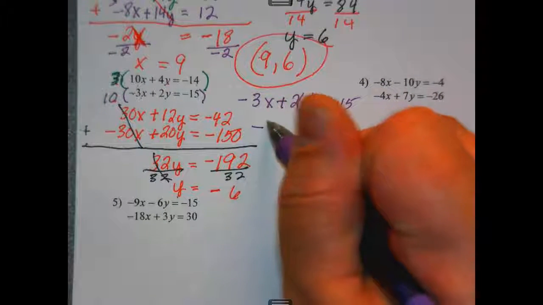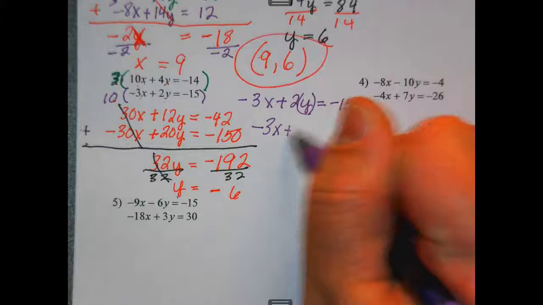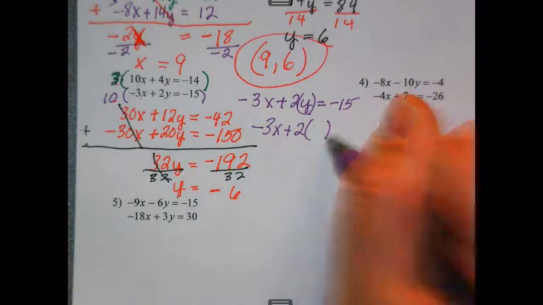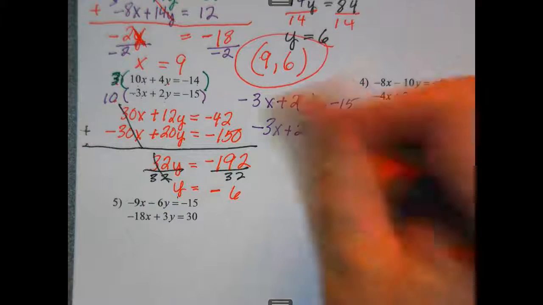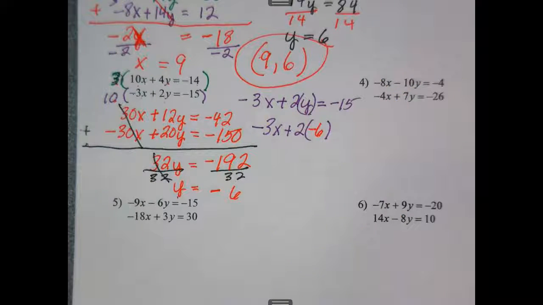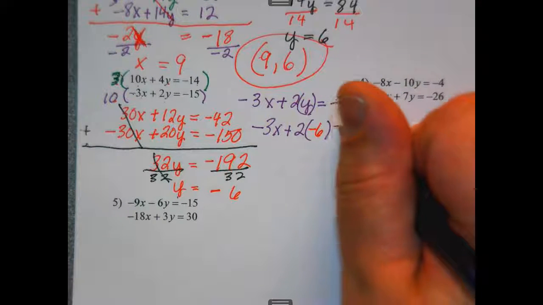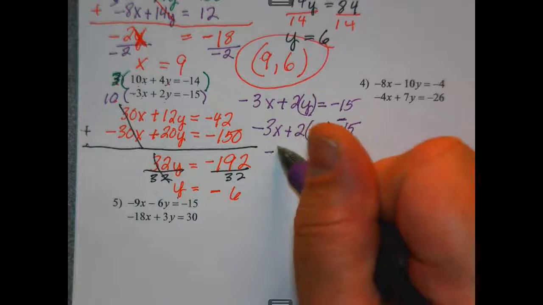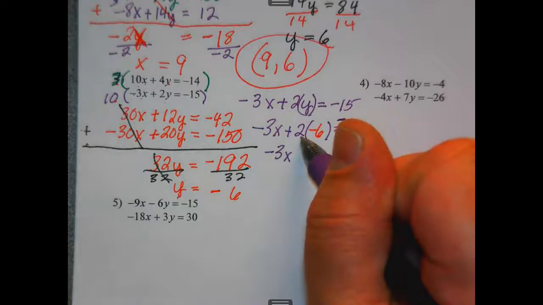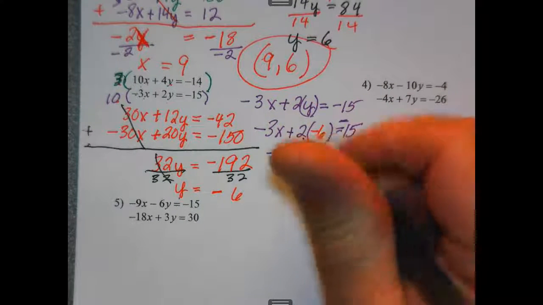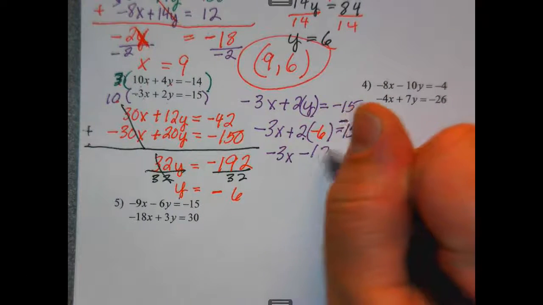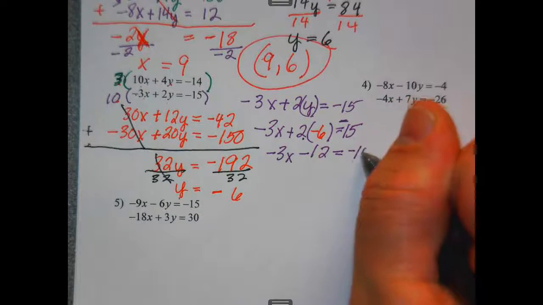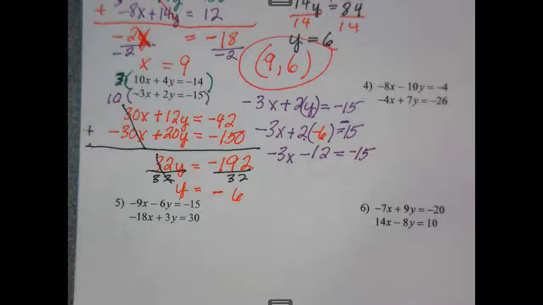So -3x plus 2 times -6 equals -15. So -3x, 2 times -6 is -12, equals -15. Add 12 to both sides.